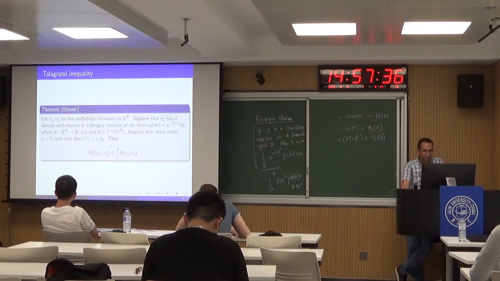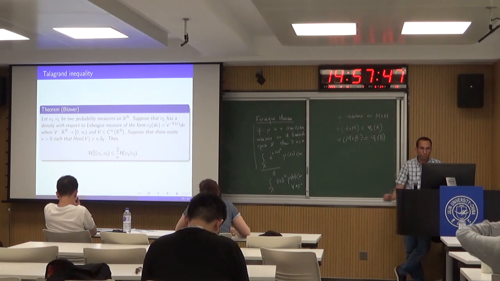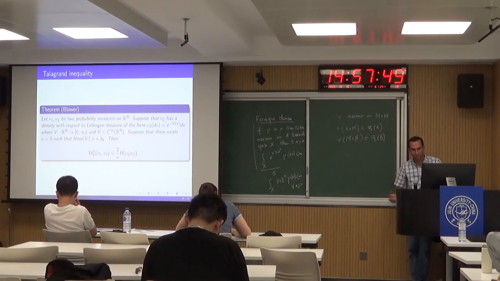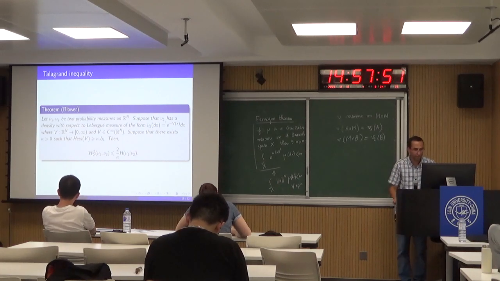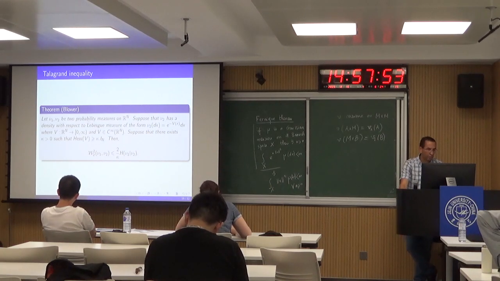In fact, any density that does not take the value 0 can be written as exponent of something. It is strictly positive. But we just need this v to be infinitely differentiable.